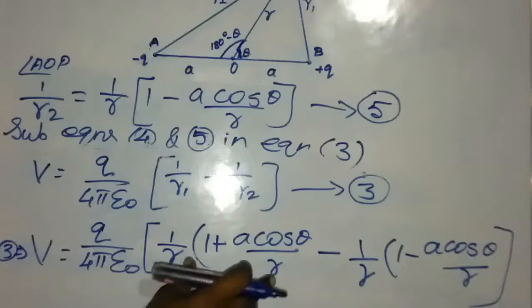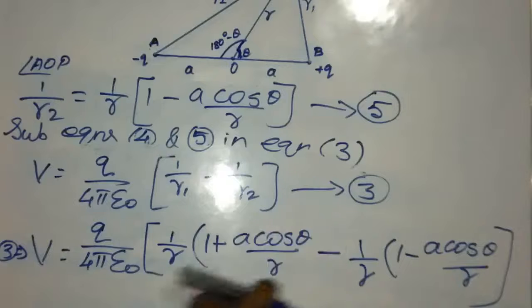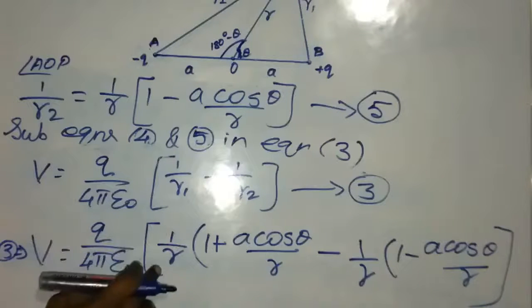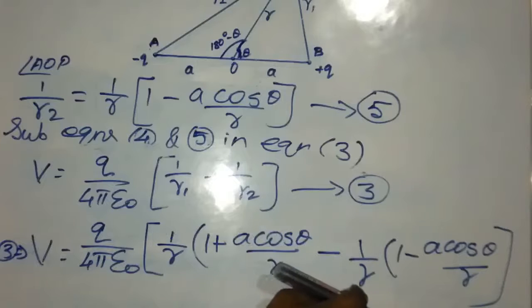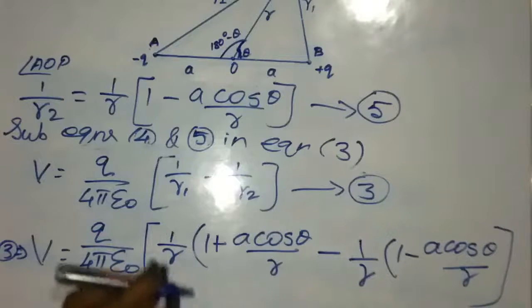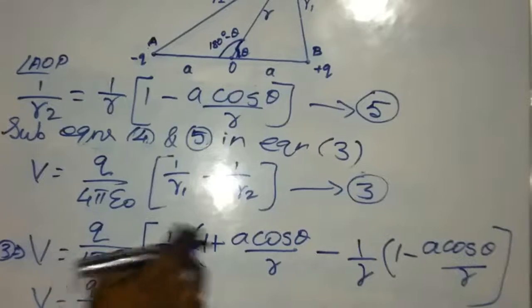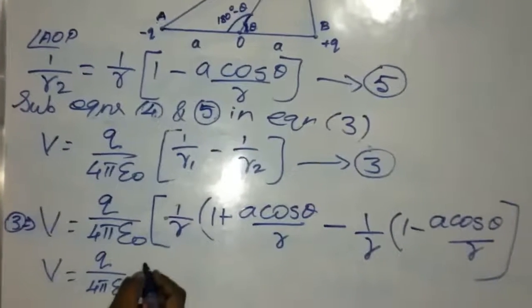Here we have two terms. This one is one term, this one is another term. In both terms, we have 1 by R constant. So take the common term 1 by R outside. So V equal to Q by 4 pi epsilon 0, we are taking this 1 by R commonly outside.